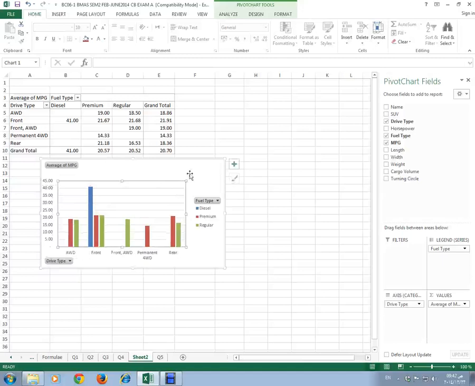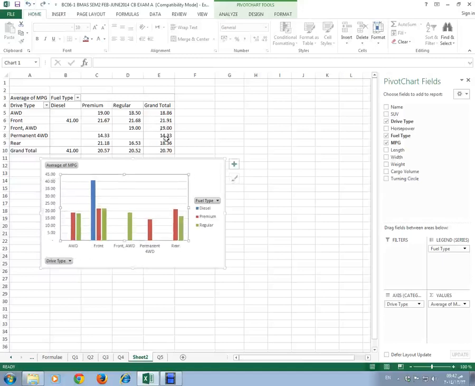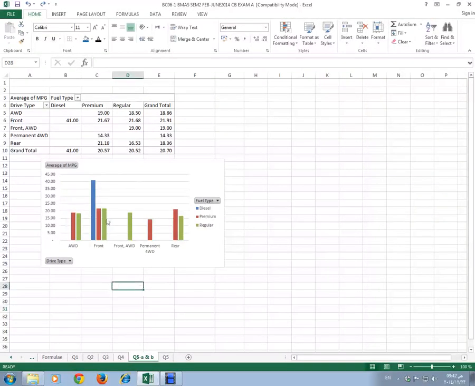This is the answer for the last question, question number 5. And then I can rename the question, it is question 5 A and B. I'm just putting here A and B. That means you have to answer also B, which is a comment. You write your comment for that. Use what you see here, you can write any comment about it.